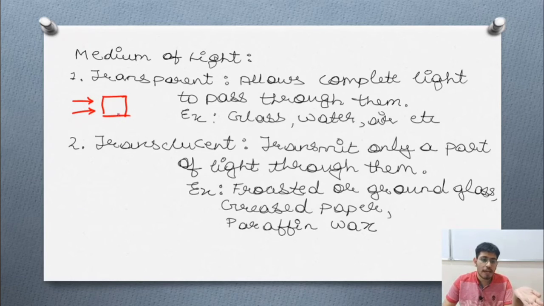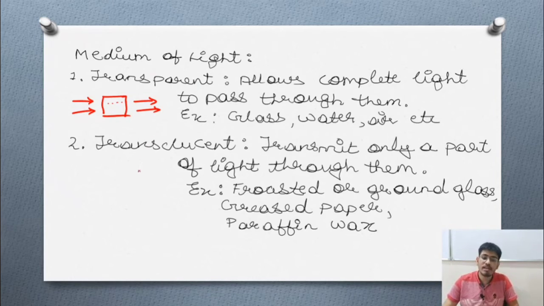Light will pass completely through the transparent medium, and the light completely will go over here. There is no absorption of light in the medium. The complete light is passing through this particular medium without getting absorbed in that medium. So that medium is basically known as the transparent medium.